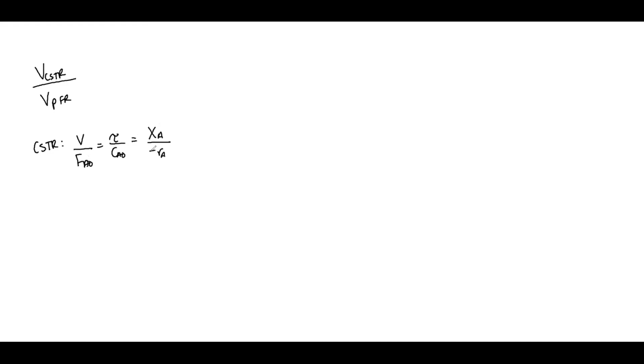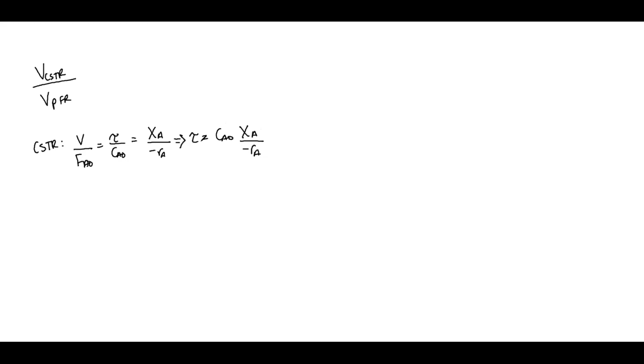So this is the performance equation for a CSTR. So what I'm gonna do is just use this side from here. So I'm just gonna say tau is equal to CA naught XA over minus RA, right?